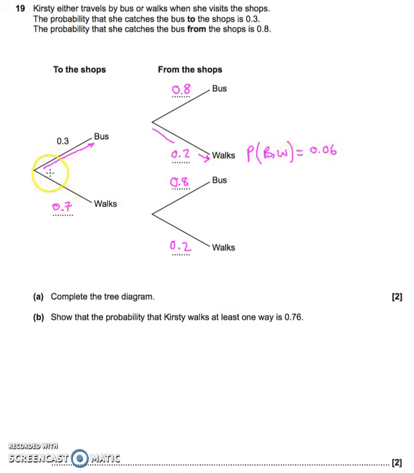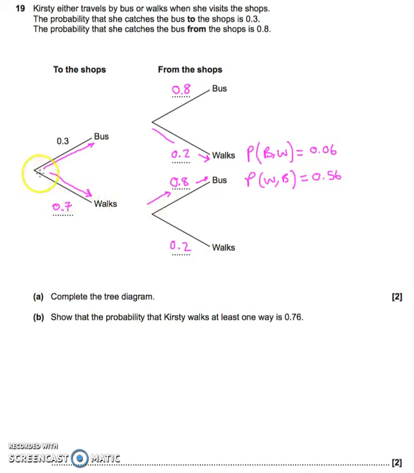The next way we're following here is you walk and then you get the bus back. So the probability of walking and then getting the bus back is equal to, if we multiply 7 by 8, we get 56, so 0.56 will be our answer there.